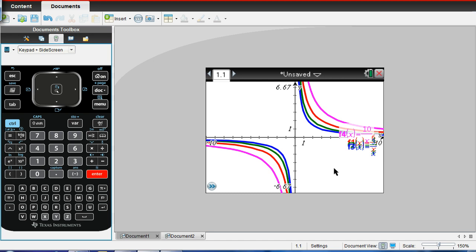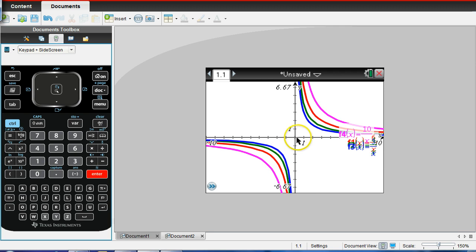Some other things to recognize are the domain and range. If you notice, for this graph here, let's look at the one in blue, the first one I did, the domain goes infinitely in the positive direction, but as it comes back this way, it bends away from the y-axis. And as we go in the negative direction, it goes infinitely in the negative direction, but as we come back this way, again, it bends at the y-axis.